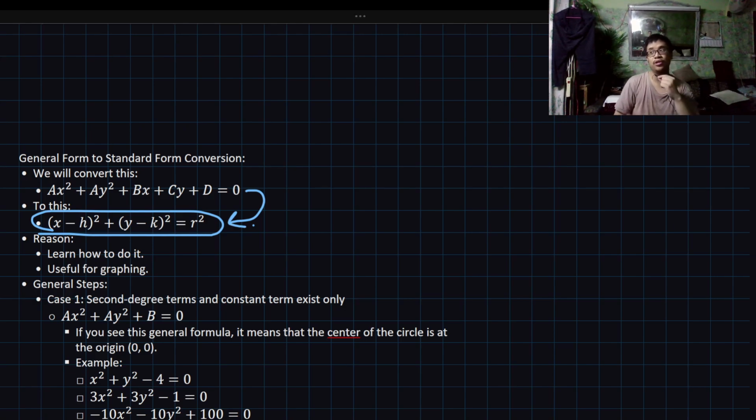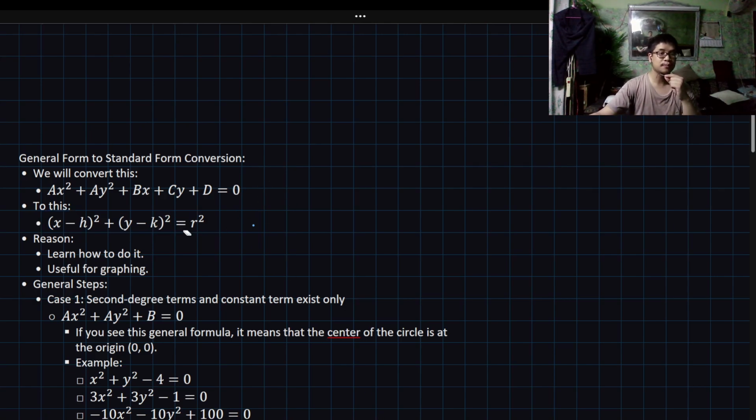Not only are we going to learn how to do it, but this is useful for graphing. Again, what's the use of standard form? For us to know what the circle would look like graphically speaking. If we know the coordinates of the center and its length of radius, we will know what the circle would look like, especially where it is located.